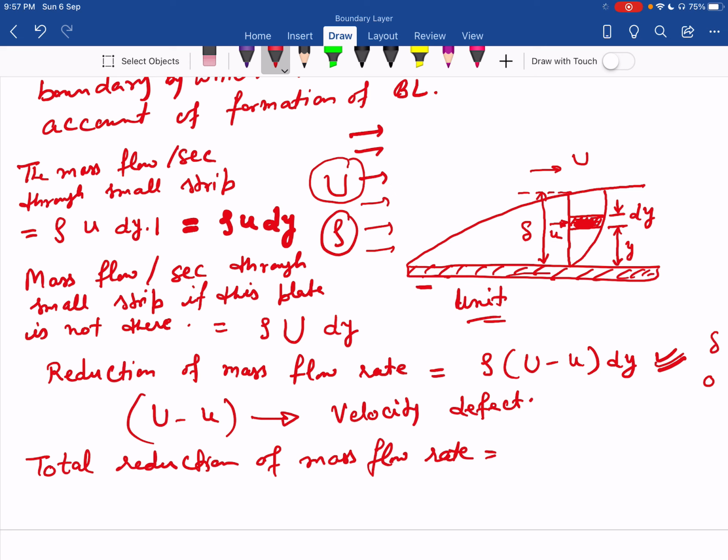So I can write it as the integration of rho (U minus u) dy, where y varies from 0 to delta, and this is my equation number 1.